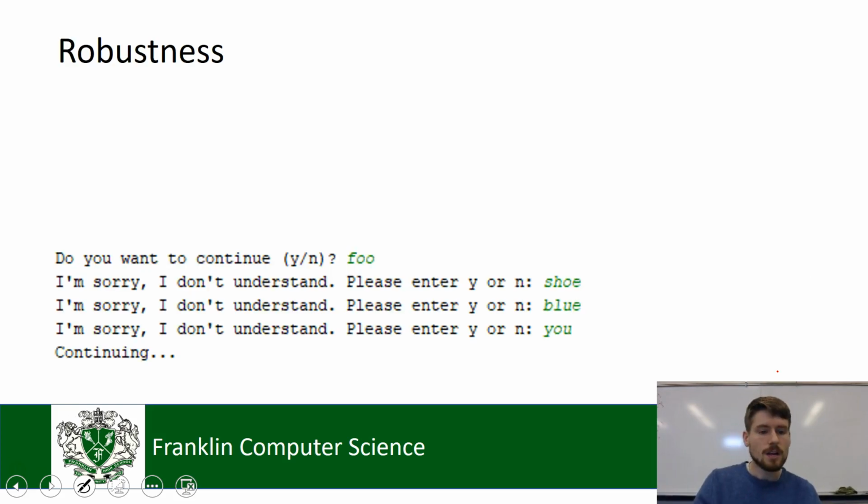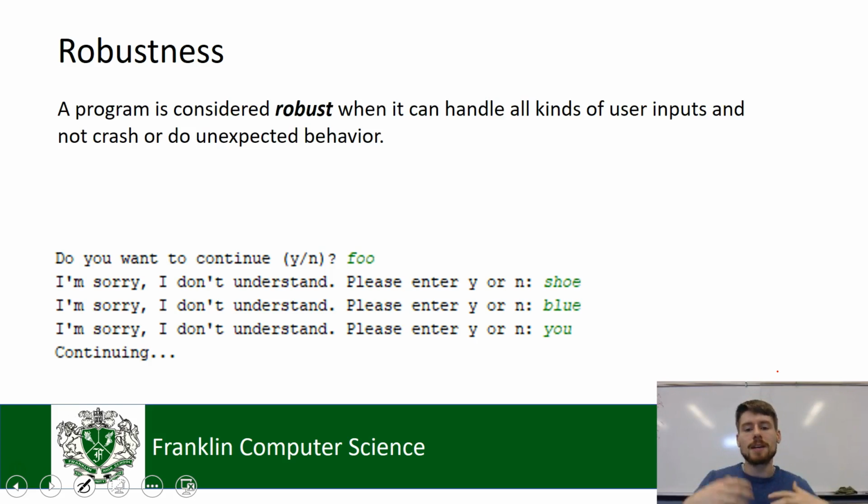Okay, so this brings us to our next topic, which is input validation. Now that we know how to compare strings for equality, we want to start thinking about how we can make our code robust. Robustness is where you can handle lots and lots of different user inputs, and our program doesn't crash or do unexpected behavior.